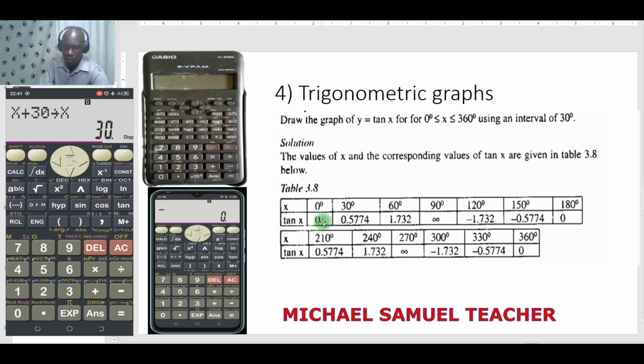When x is 30, tan 30 is 0.5774. Press equal sign again. When x is 60, y is 1.732, and so on. When x is 90, we press equal sign.